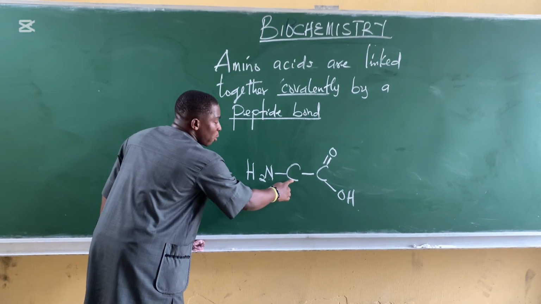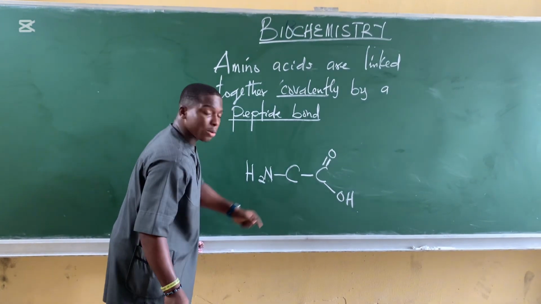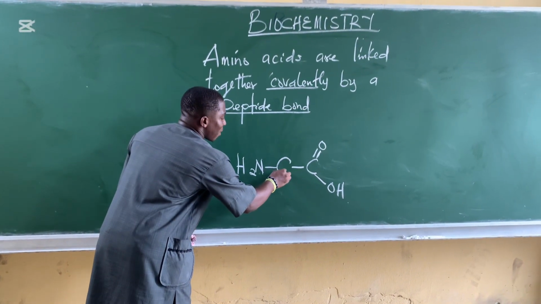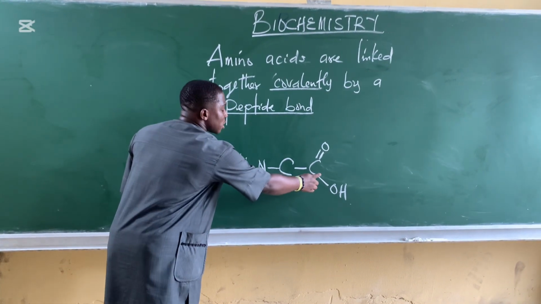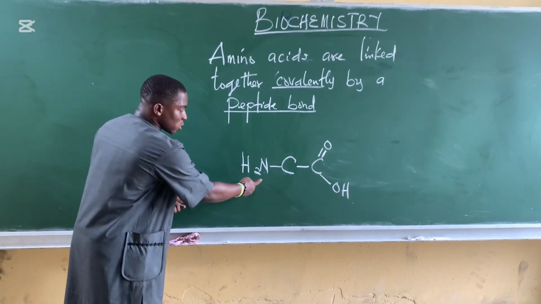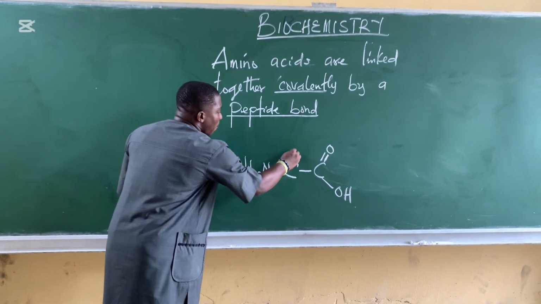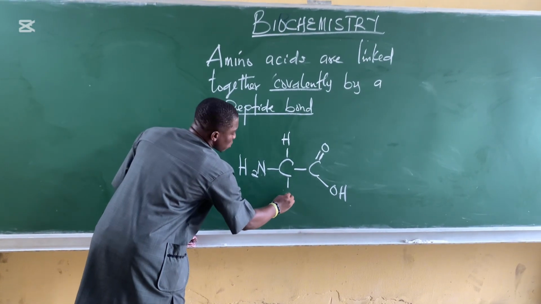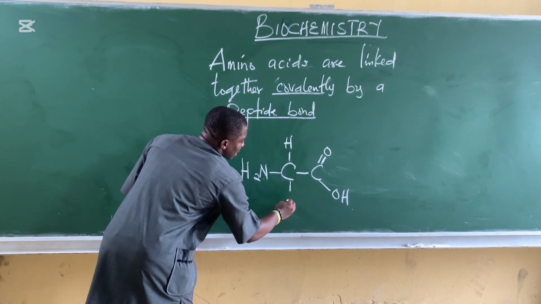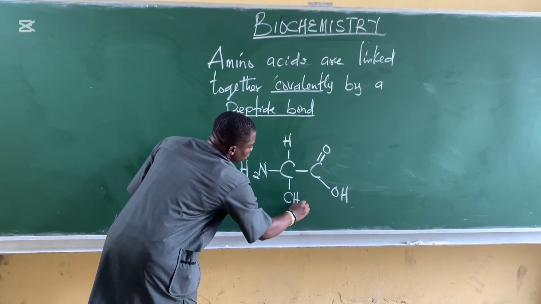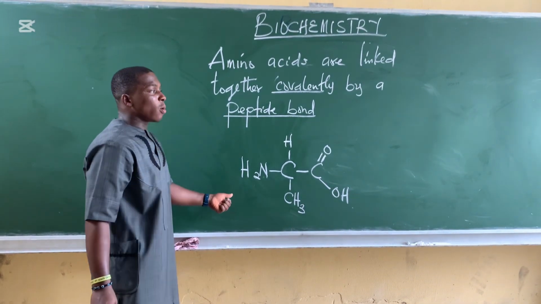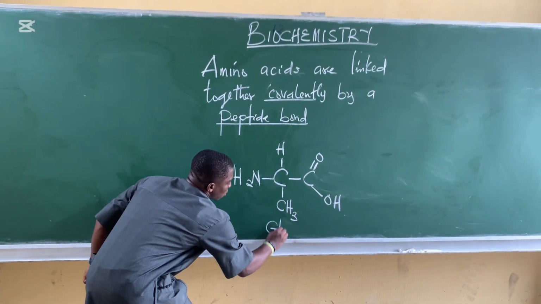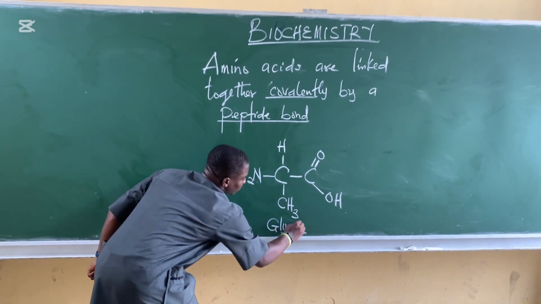This central carbon, the alpha carbon, is bonded to the carboxyl group, to the left the amino group, up to hydrogen, and beneath to a side chain. Let's take the side chain to be CH3. The name of this amino acid is called glycine.